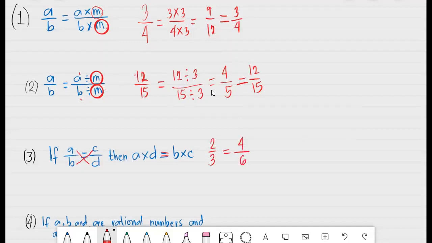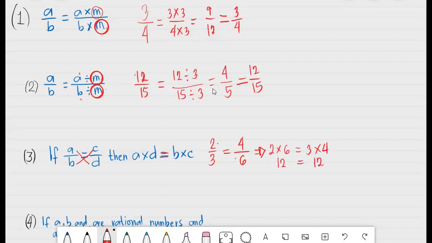Of course they must be equal, and if we multiply 2 times 6, that will become 2 times 6 is equal to 3 times 4. Okay, 2 times 6 is 12, and 3 times 4 is 12.